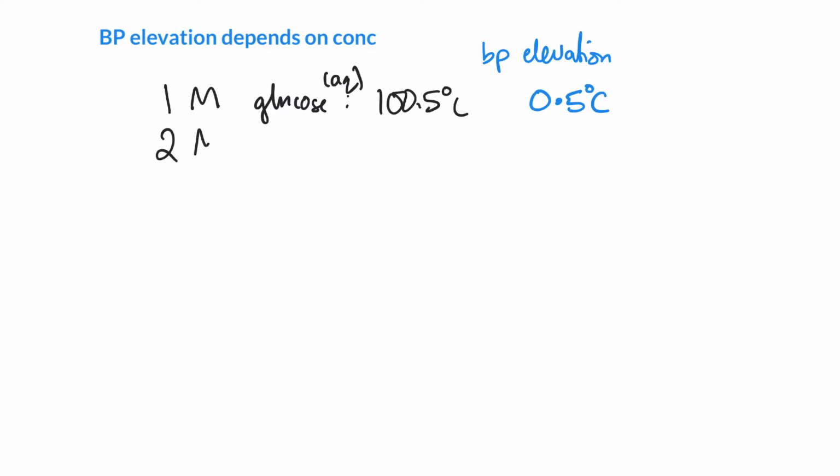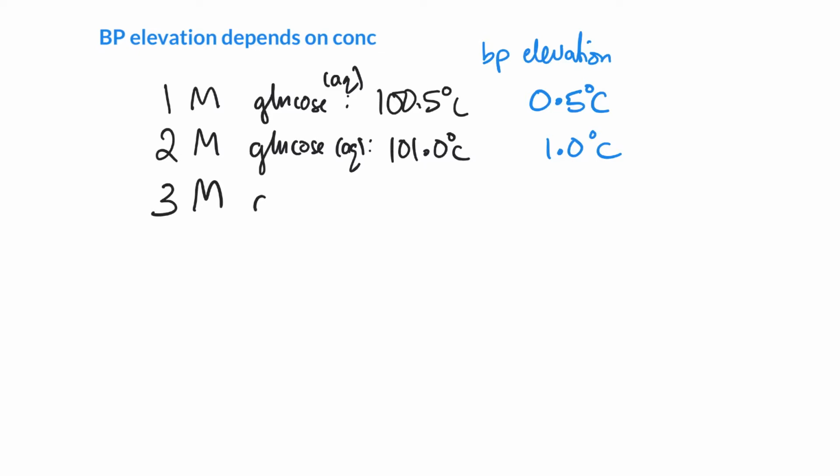You might guess what happens with 2 molar glucose. Again, if it's dissolved in water, it boils at 101 degrees C. That is an elevation of 1 degree above its normal boiling point. You can guess the pattern. If it was 3 molar glucose, it would boil at, can you guess?